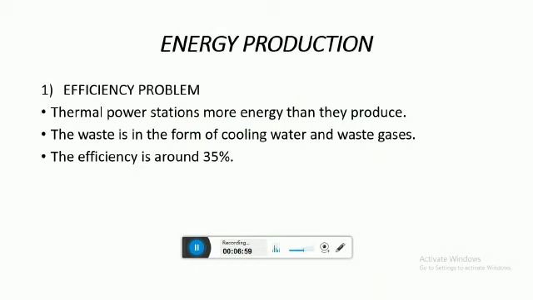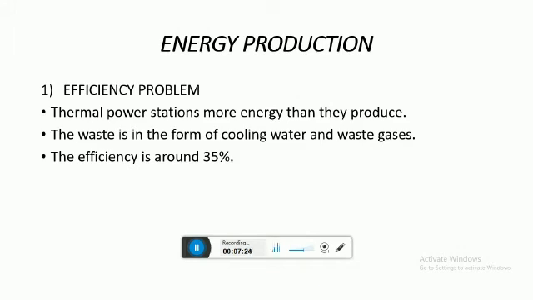If we start with 100%, more than 50% of the energy is lost at a thermal power station. The waste is in the form of cooling water and waste gases, and the efficiency of a thermal power station is about 35%.